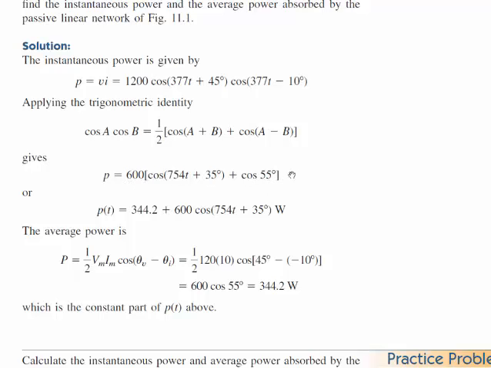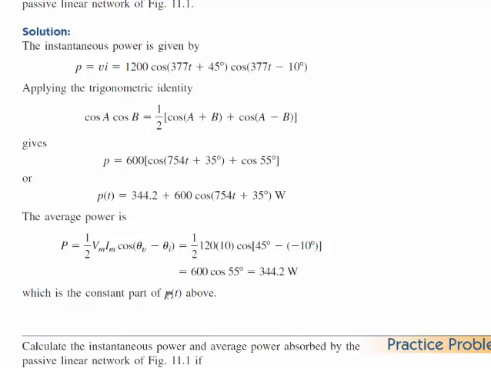So redoing that math right there, multiplying it out, I get the power instantaneously is 344 plus this part running at twice the frequency. So the average power is this DC term right here, and the instantaneous part is the DC term plus the AC portion running at twice the frequency.